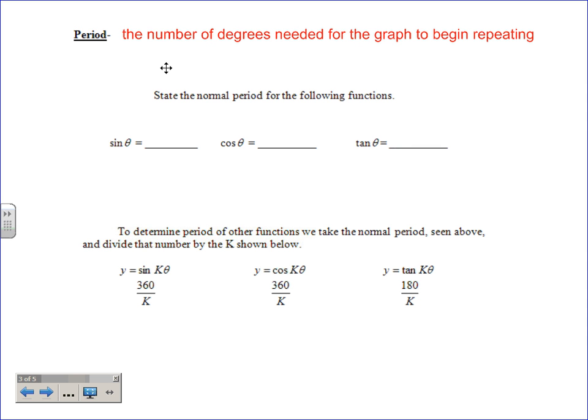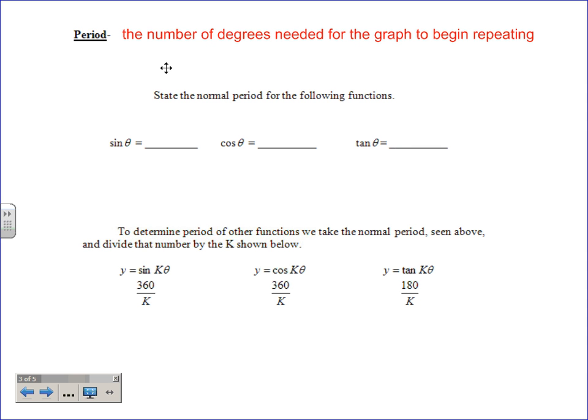Or go back to where they started, basically, in a way. Very symmetrical, right? Because it's based off of the unit circle.